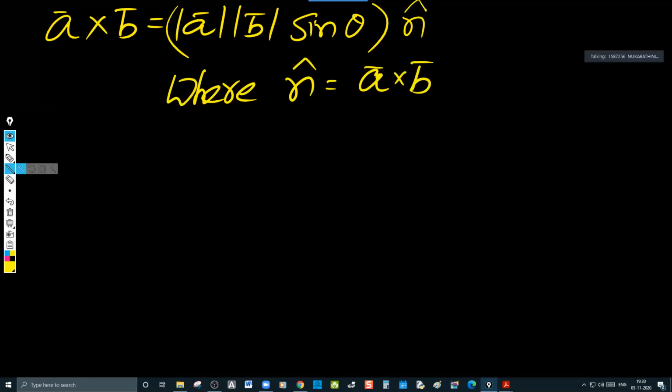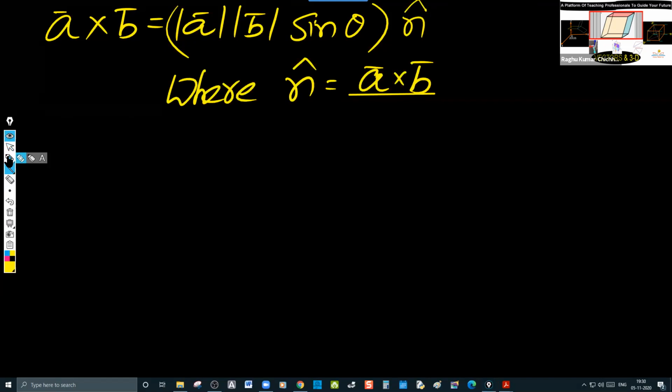N cap is a unit vector in the direction of A bar cross B bar. To make A bar cross B bar a unit vector, you have to divide A bar cross B bar by modulus of A bar cross B bar.